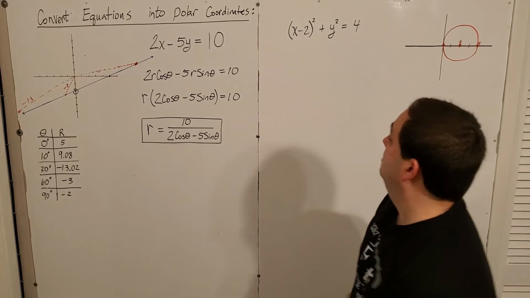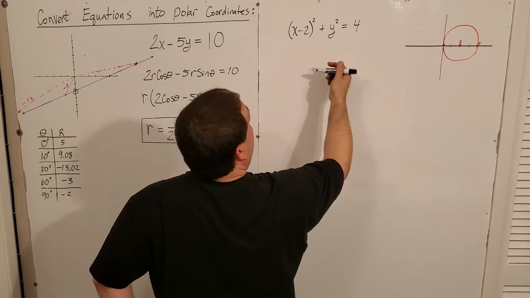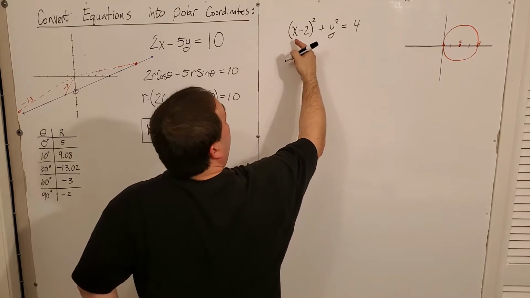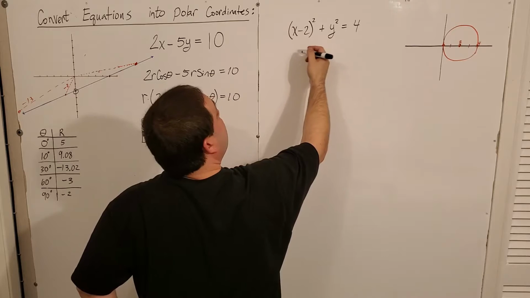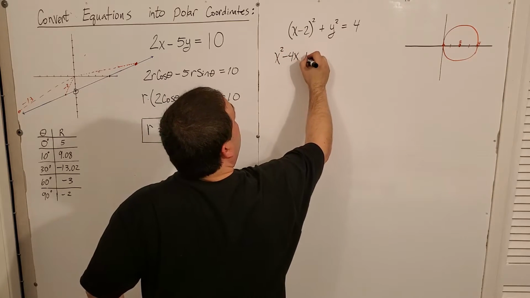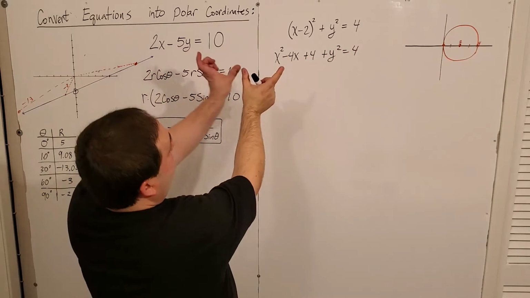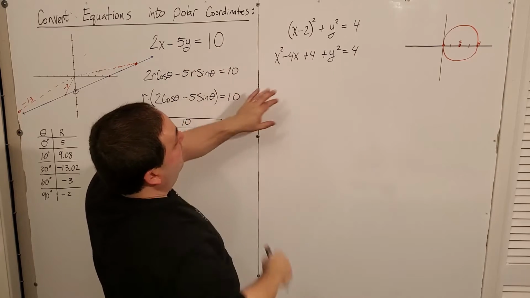Let's see. X minus 2 squared plus y squared. So what I'm actually going to do here is I'm going to FOIL this out. X squared minus 4x plus 4 plus y squared equals 4. All I did was x minus 2, and multiply it out, right?